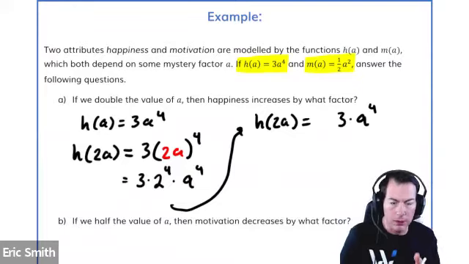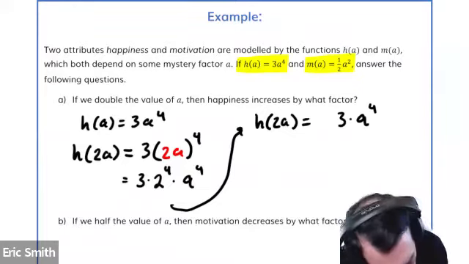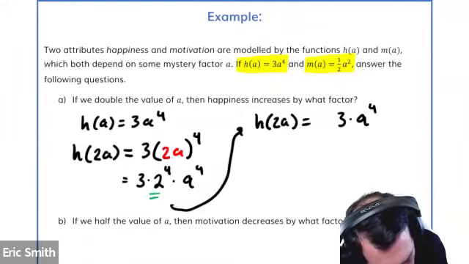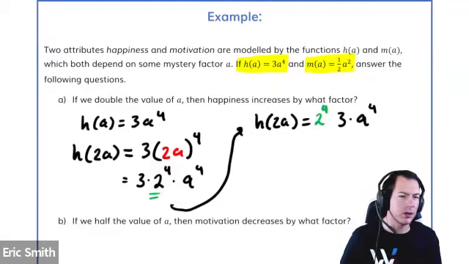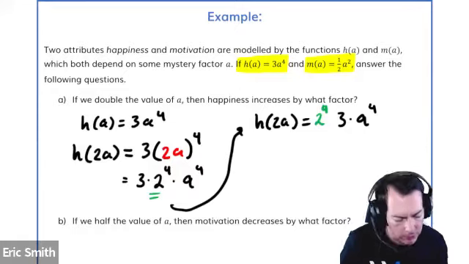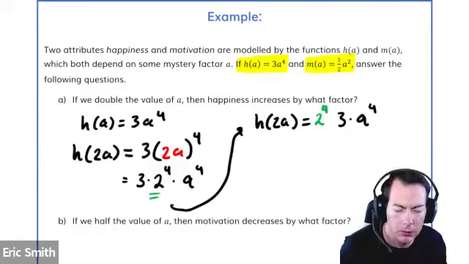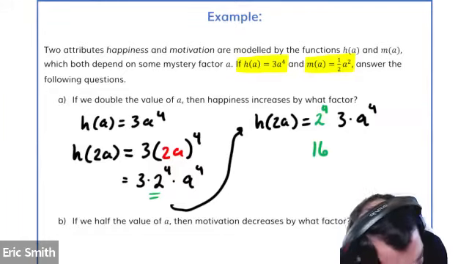So those are 3 multiplied by the A to the 4th power. And with this 2 here, I'm just going to write it out front, just to kind of highlight that that's really the only piece that's different from my original. So let's see, what is 2 to the 4th power? That'd be 2 times 2 times 2 times 2. That'd be a 16.